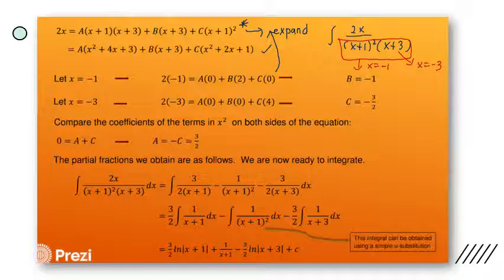Therefore, b equals negative 1. Then when x equals negative 3, we substitute into this equation. We get 2 times negative 3 equals a times 0 plus b times 0 plus c times 4. Therefore, c equals negative 3 over 2.